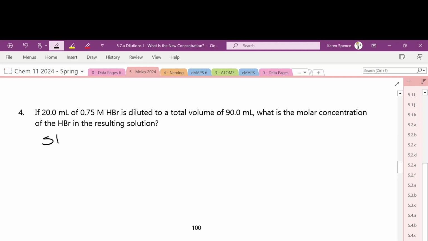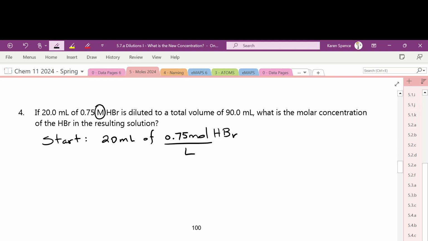So at the start, what do we have? We have 20 milliliters of 0.75, and I'm going to rewrite molar as moles per liter, HBr.